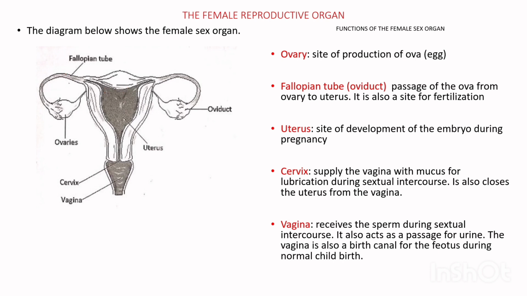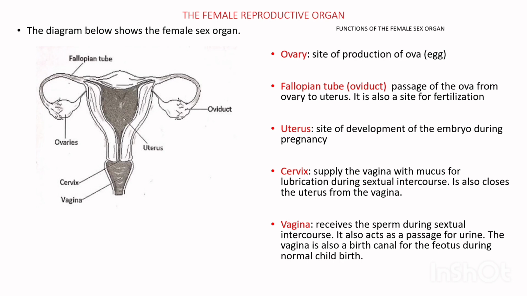The cervix is simply a passage that connects the vagina to the uterus. We can also say it provides mucus that helps to lubricate during sexual intercourse. Then the function of the vagina is to receive the penis during sexual intercourse.